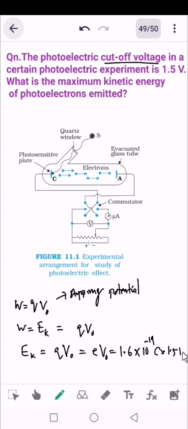Cutoff voltage means the stopping potential, the same, so 1.5 volt, so it will give you 2.4 into 10 to the power minus 19 joule. As these are given in SI units, we'll be getting the kinetic energy also in SI unit, which is joule. So that is the answer.